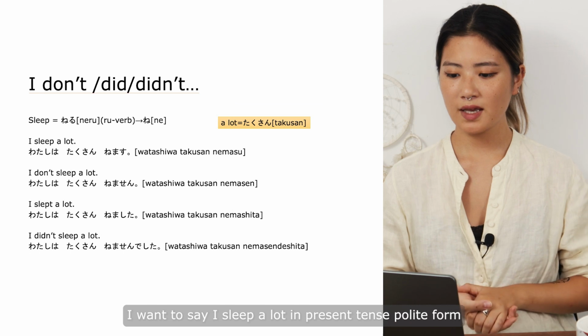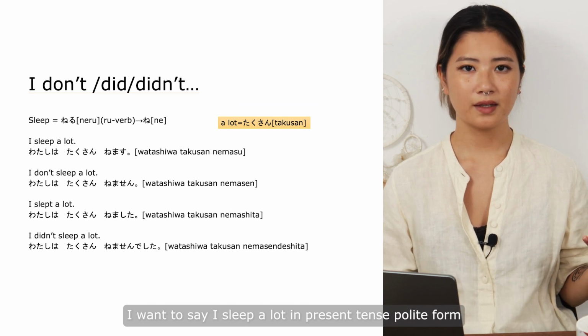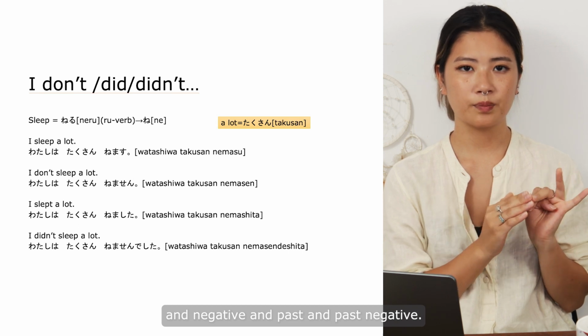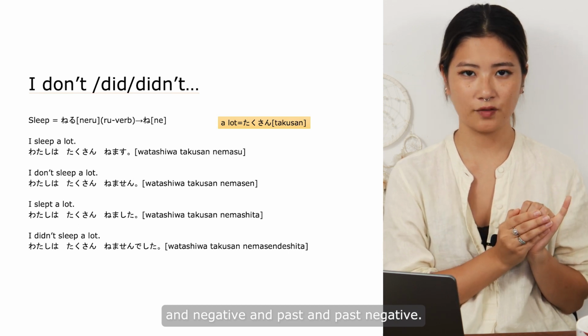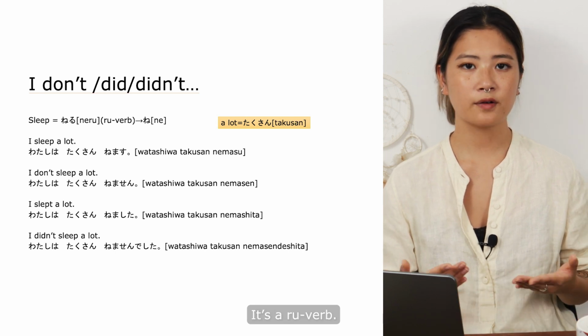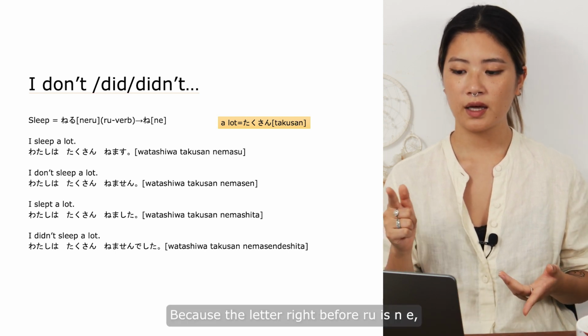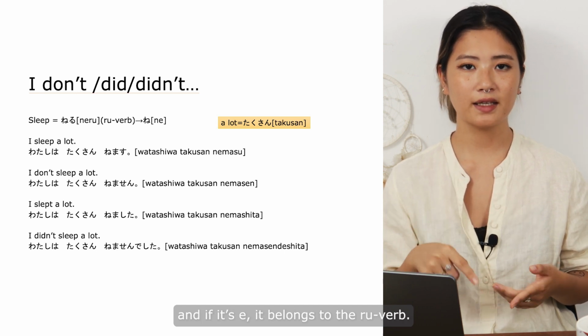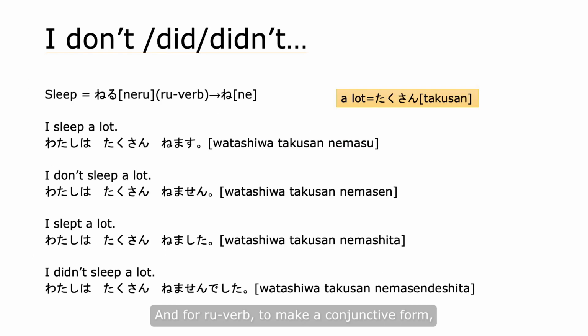I would say it's super easy, but let's also practice with a ru verb, because 飲む was a u verb. I want to say I sleep a lot in present tense polite, negative, and past negative. First, sleep is 寝る. It's a ru verb because the letter right before ru is ne, and if it's e, it belongs to the ru verb group. For a ru verb, to make the conjunctive form, you just remove ru. So the conjunctive form of sleep is 寝.